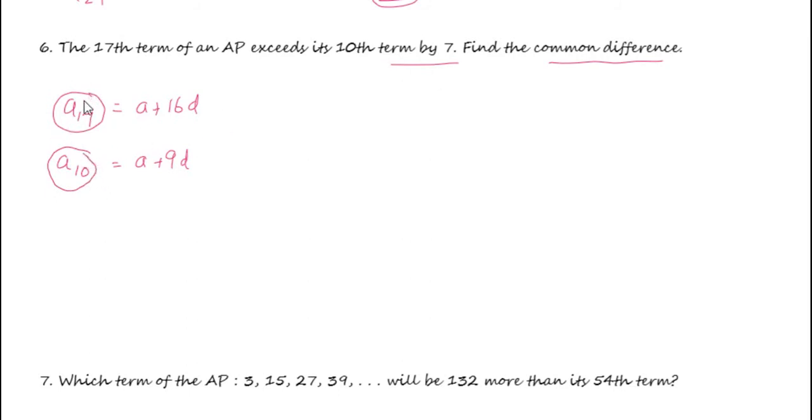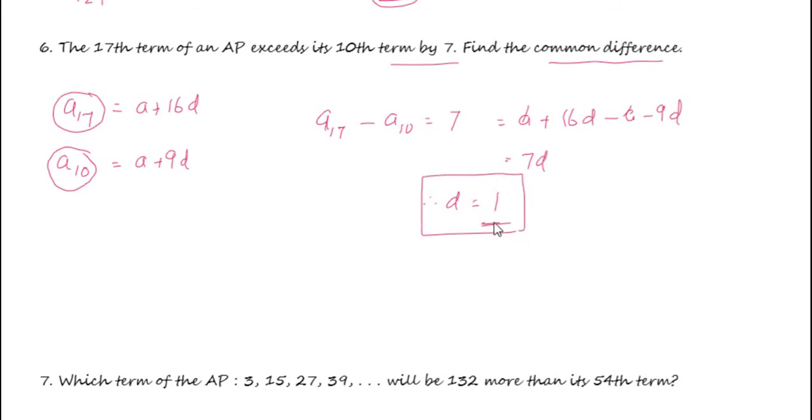So if you subtract the 10th term from the 17th term, the answer is 7. That means a17 minus a10 is equal to 7. That is a plus 16d minus a minus 9d. 7d equals 7, therefore d is equal to 1. The common difference is 1 in this series.